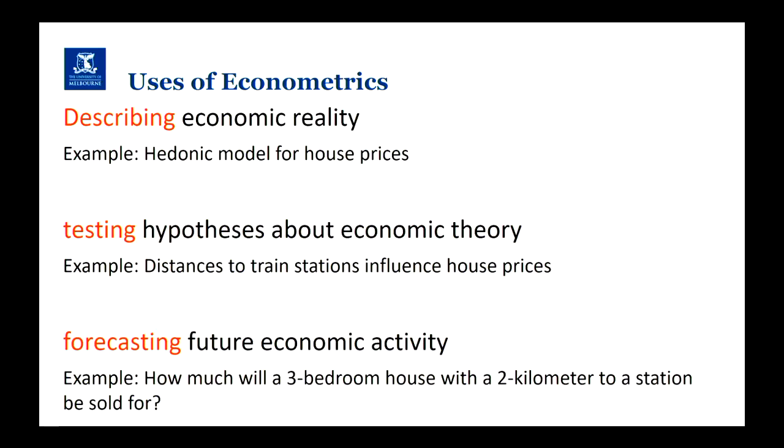Then it becomes a little more specific. For example, not all the characteristics of houses, but we particularly want to explore whether the distance to the train station will influence the house price. Then we will use the econometric model to test or quantify the effects of distance.